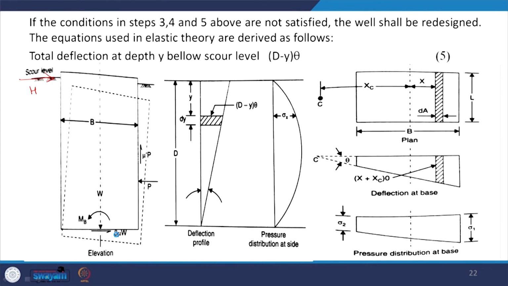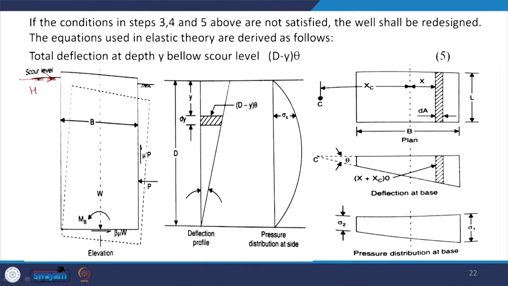Here the first figure shows the elevation of the well, which is a circular, cylindrical well, while the other two sections show the deflection profile and the pressure distribution at the side. Here D is the depth of the well. The deflection is 0 at the base of the well, and when you go above, the deflection is maximum at the ground level.